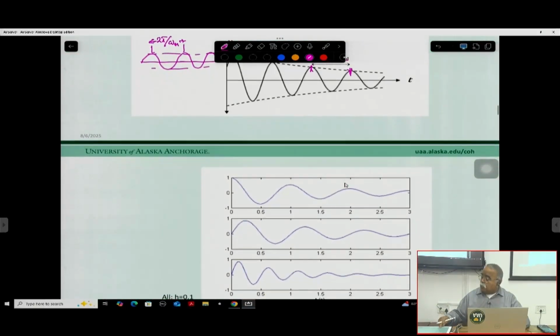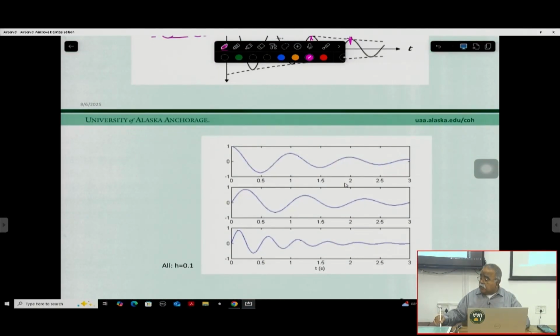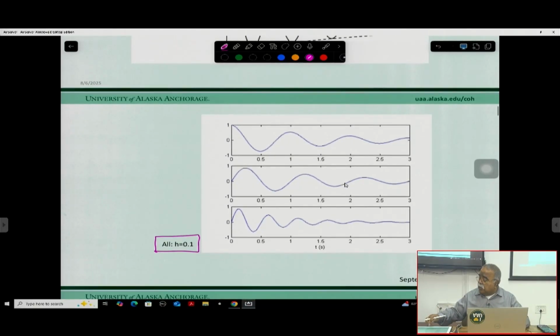So if you plot, suppose, 0.1% of damping, then you can see that different damping values will show the plot in a different way, right?